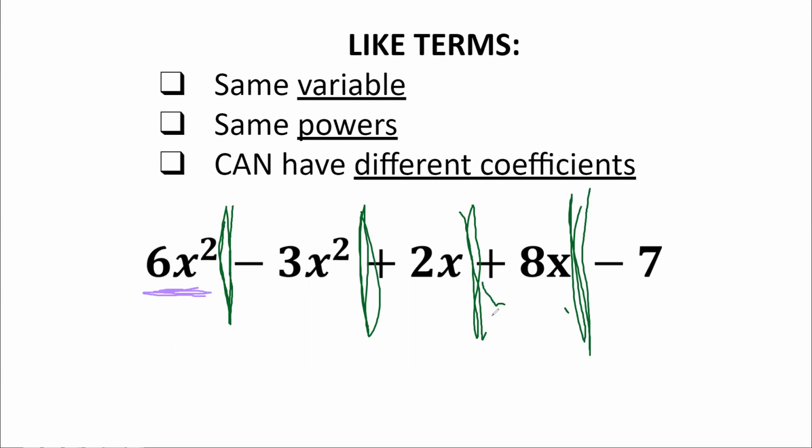And I'm going to see if any of the other ones match this one. So again, I don't care about that number out front, and I see that it's x squared. That's the same thing as my x squared here. So I know that 6x squared and negative 3x squared are like terms. See if you find any more like terms.